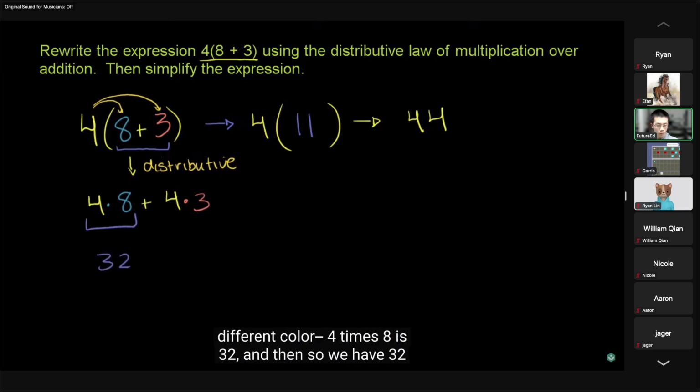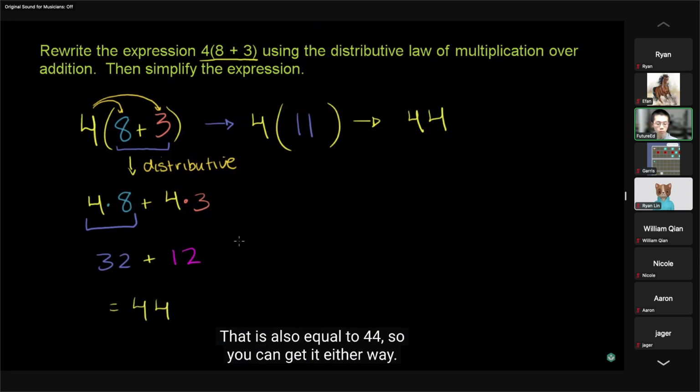And then we have 32 plus 4 times 3, which is 12. And 32 plus 12 is equal to 44. So you can get it either way. But when they want us to use the distributive law, you distribute the 4 first.